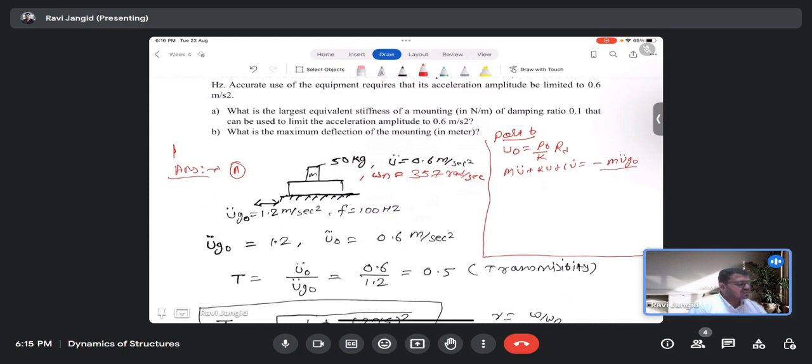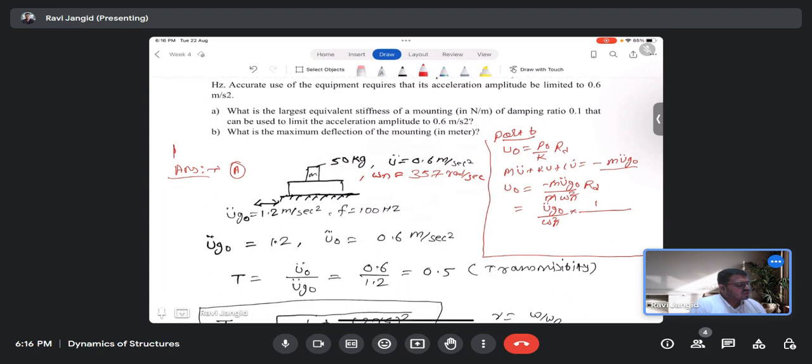So your p is this here. So your u naught becomes minus m u g naught double dot by k, which is m omega n square into Rd. m will cancel out, so that will be u g naught double dot divided by omega n square into Rd.